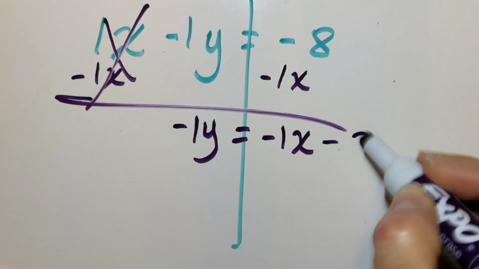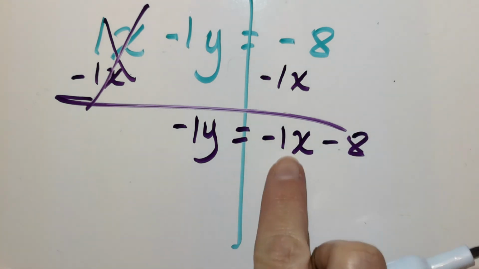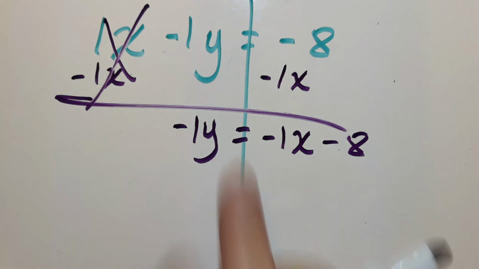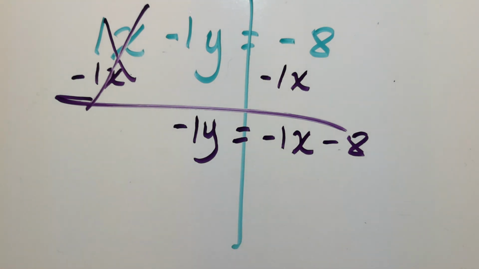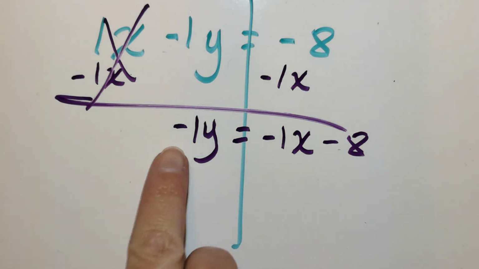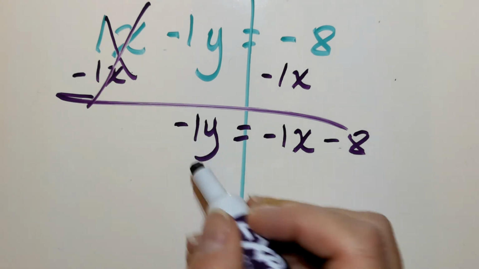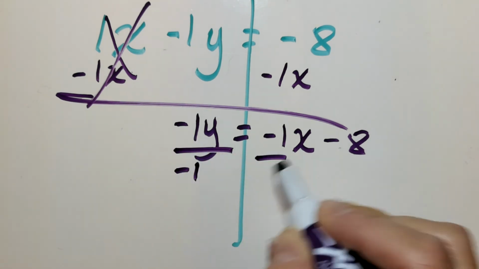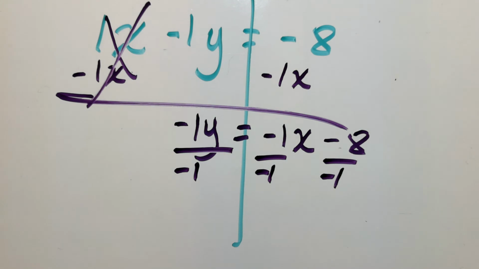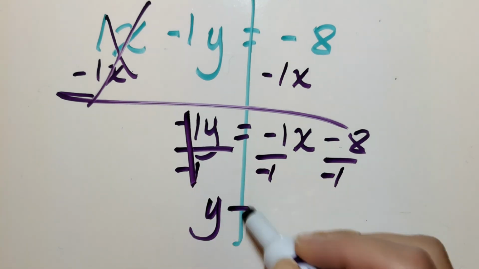X, which is 1x, minus y, which is 1y, equals negative 8. All right? Let's get that x term to move. So we're going to subtract 1x, subtract 1x.